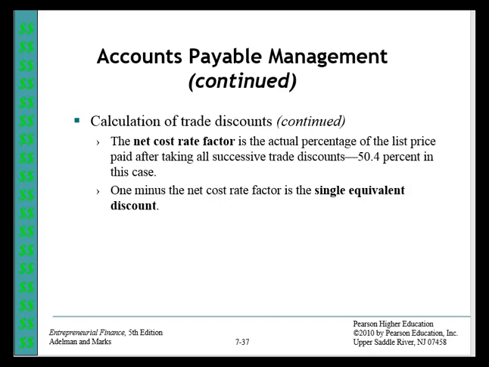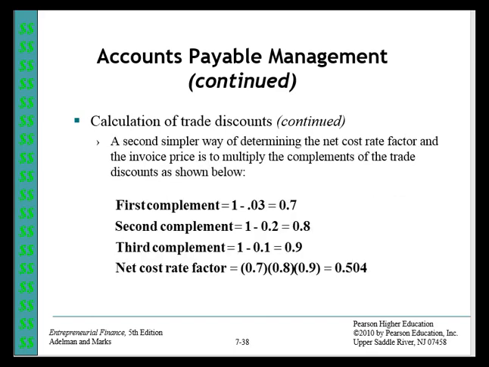This is the lowest amount of the price that you would pay if you took all of these trade discounts. So 1 minus this cost factor is what they refer to as the single equivalent discount. But again, we don't necessarily need to take all of these discounts.